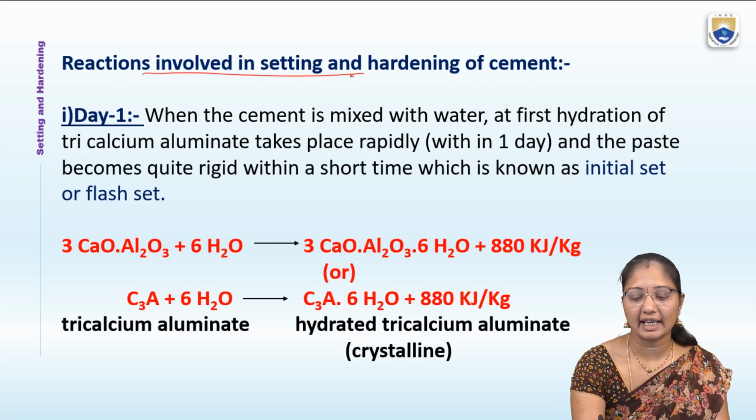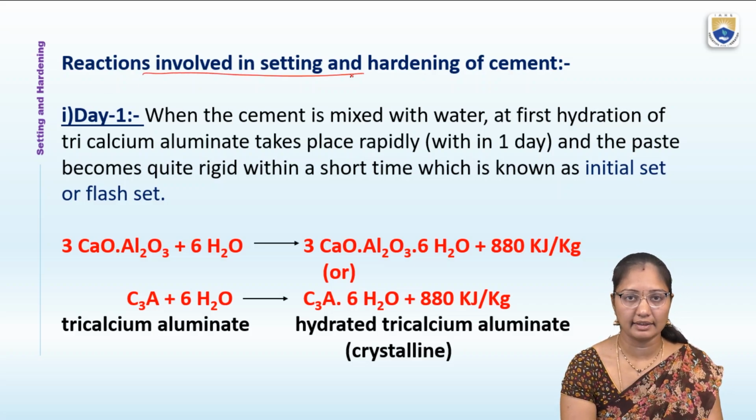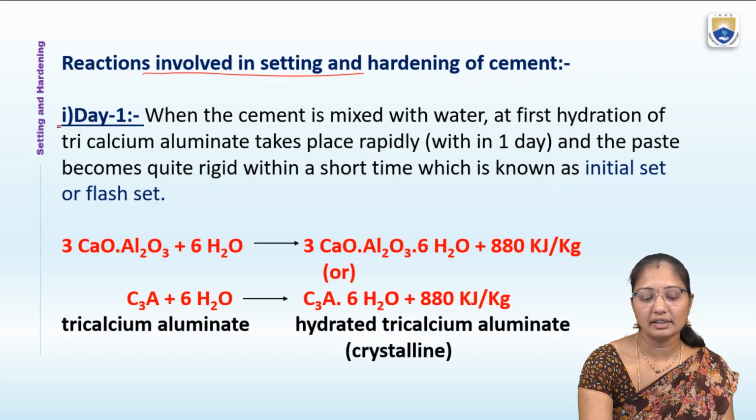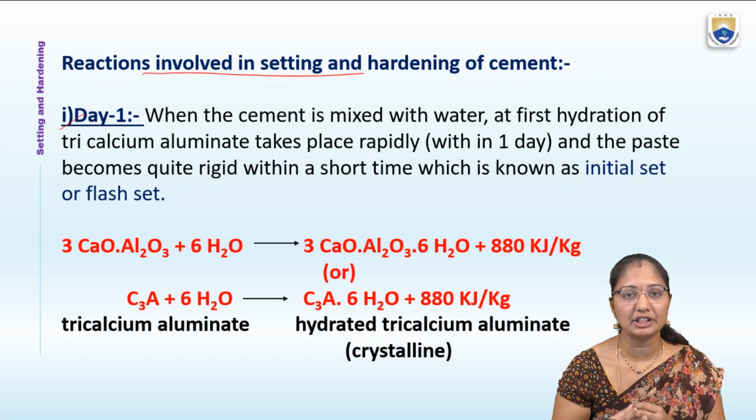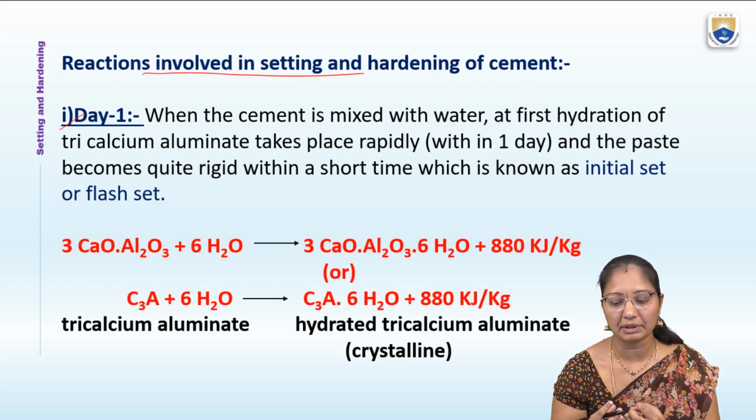Coming to the reactions involved in setting and hardening of a cement, on day 1, the cement is mixed with water, which is the initial reaction between the cement and the water, resulting in the cement paste.